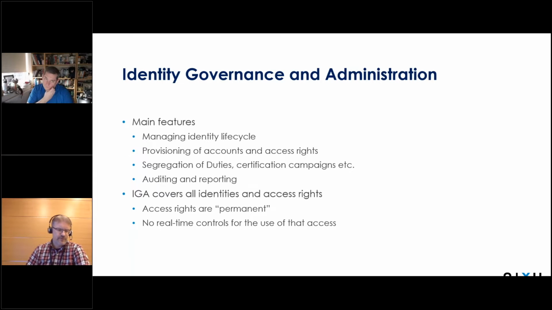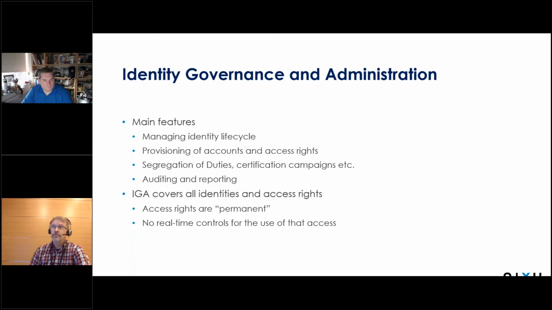So IGA first. I'm sure you probably know this quite well, but the main features of an IGA solution is, first of all, managing identity lifecycle, whether that's for internal employees, externals, partners, and sometimes even consumers. Then it also handles the provisioning of various different user accounts and access rights. These are basic features of an IGA solution.